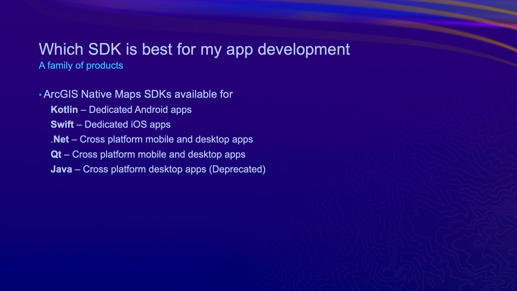I will acknowledge that we do have a Java API, which is for writing cross-platform desktop applications, but I would actually discourage anybody from using that for any new projects, because we're deprecating that at the end of the year. The .NET and the Qt APIs are perfectly valid alternatives for that. So for a new project, don't use Java for the moment.